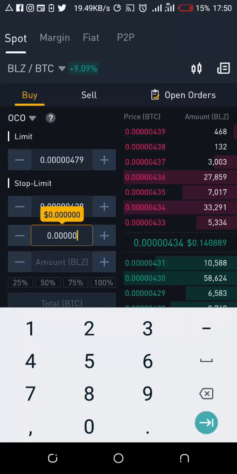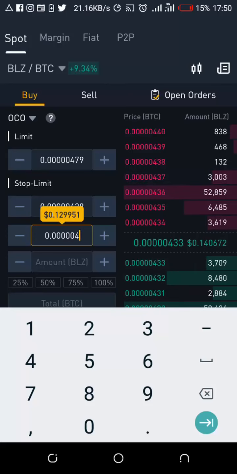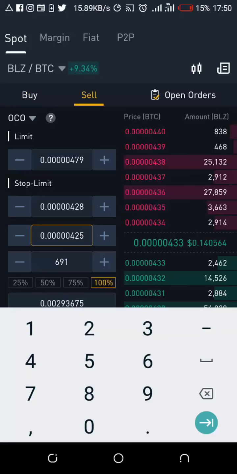Then we say, if it gets below 428 Satoshi, we are going to place this 425 on the order book. Oh, look at this, we are on the buy, so we switch back to sell. We are selling, we are not buying.